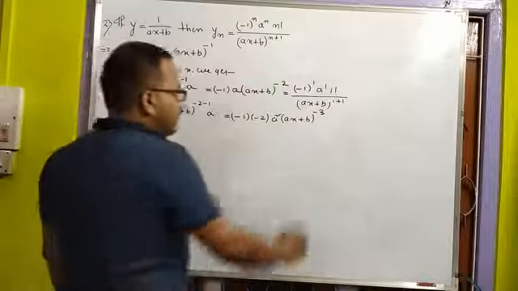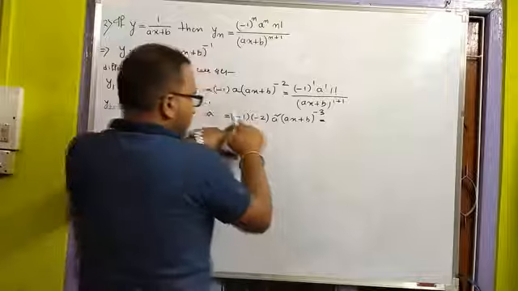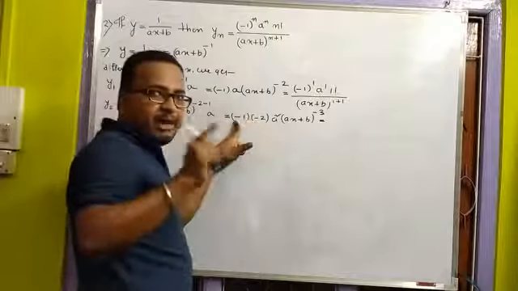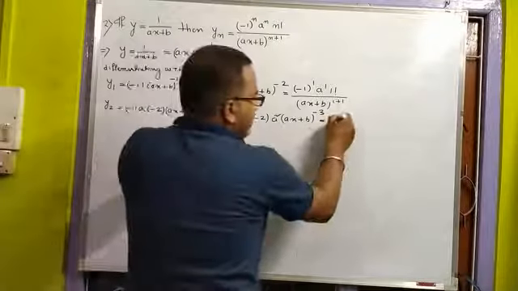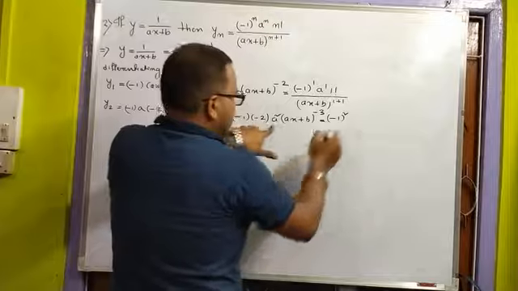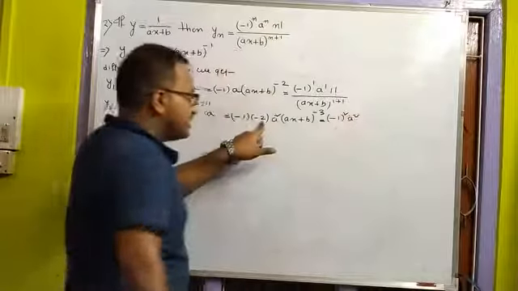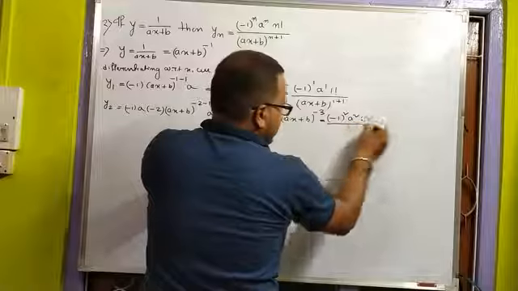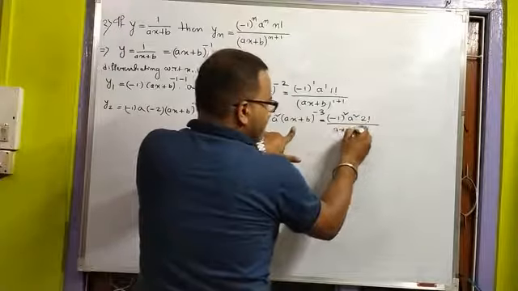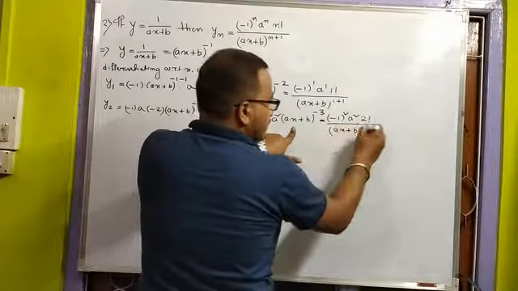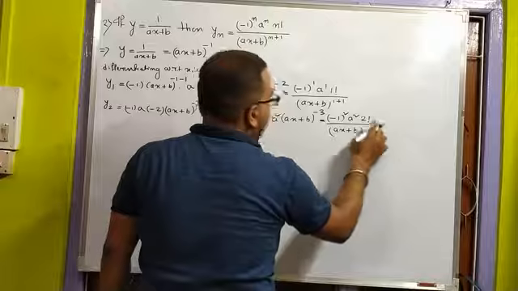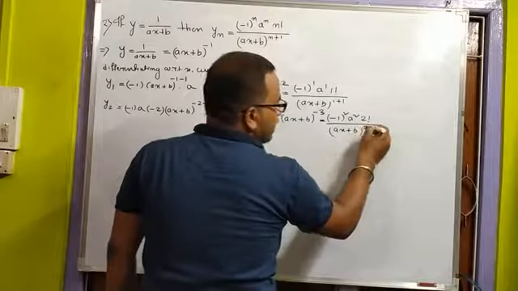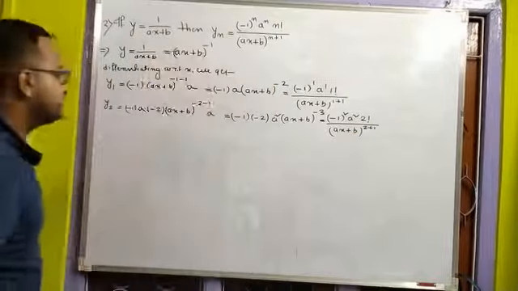Now minus minus gives minus 1 square, then a square, then factorial 2, divided by ax plus b whole thing cube, where 3 is 2 plus 1.